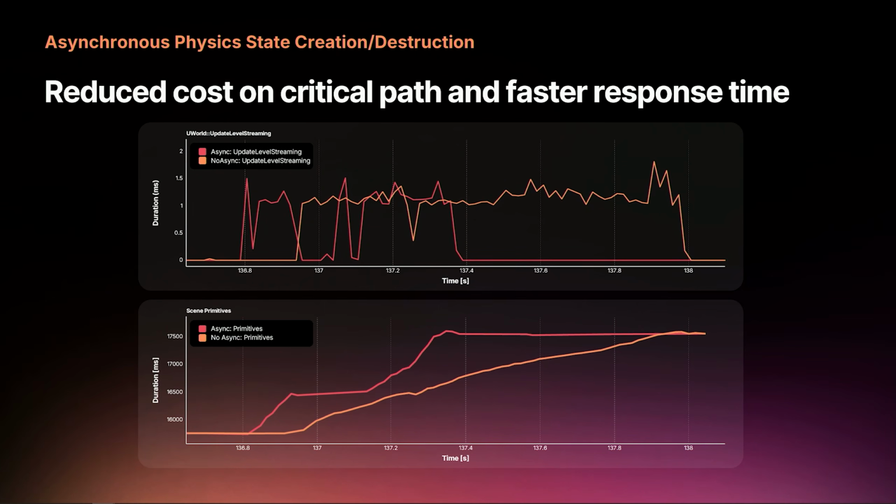Here, a bit different scenario where we load multiple levels in sequence. Without async physical state creation and destruction, those levels are piling up as the streaming is trying to catch up with our movement. With asynchronous physical state creation, the system has a better chance to catch up with movement of our character.